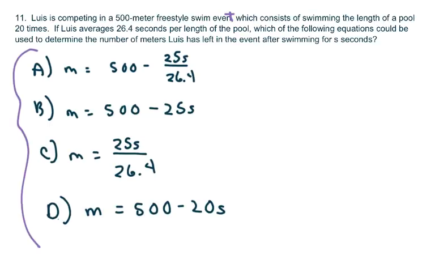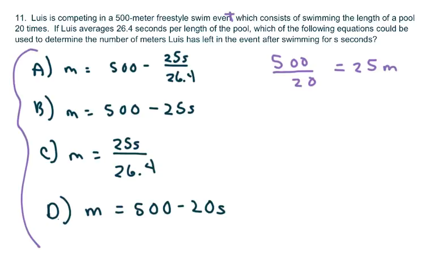Now, Luis can swim 20 lengths in the 500-meter event, which means each length of the pool is 500 divided by 20, which equals 25 meters.